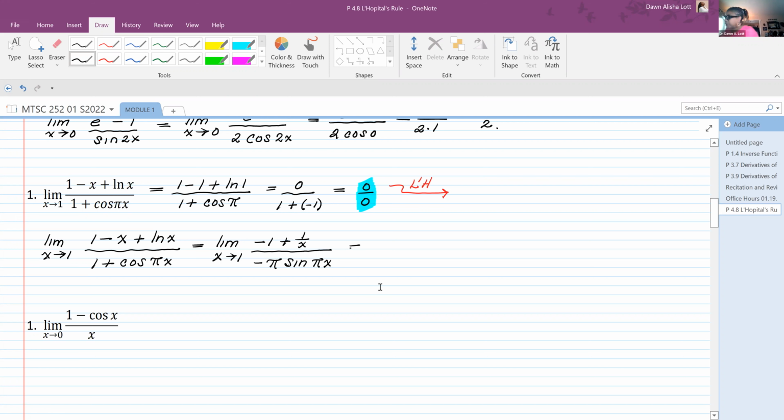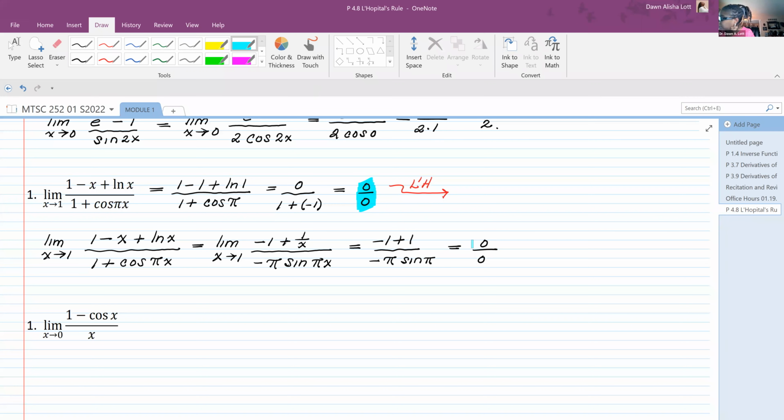So now I'm going to put in 1. So I'm going to get negative 1 plus 1. Uh-oh, things are not looking good. Over negative pi. And the sine of pi times 1 is just the sine of pi. The numerator is 0. The sine of pi is 0, so I get 0 over 0.